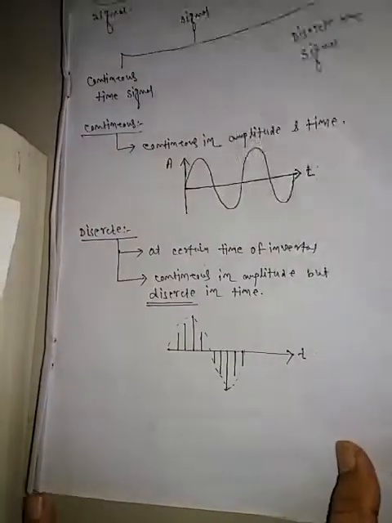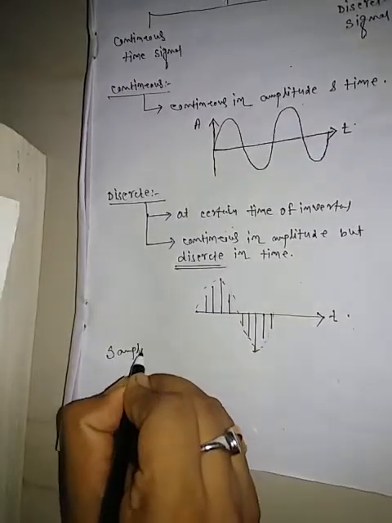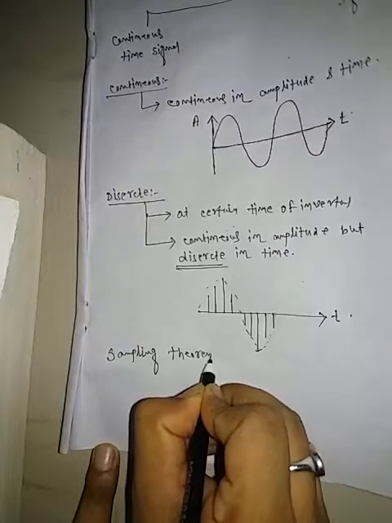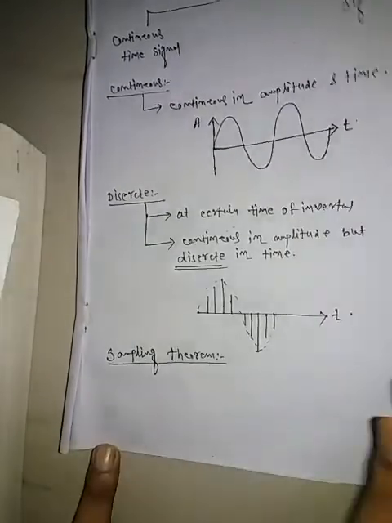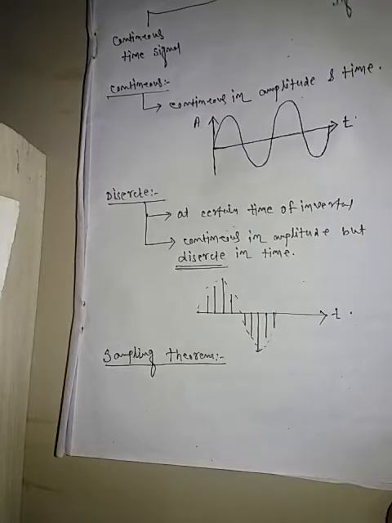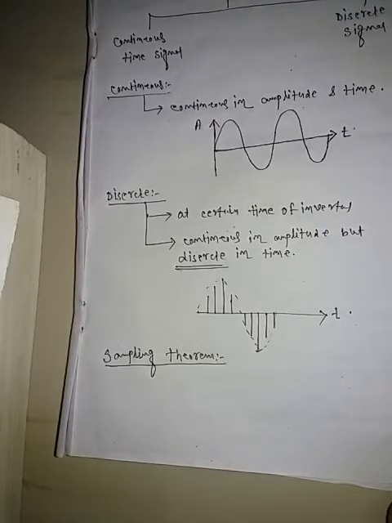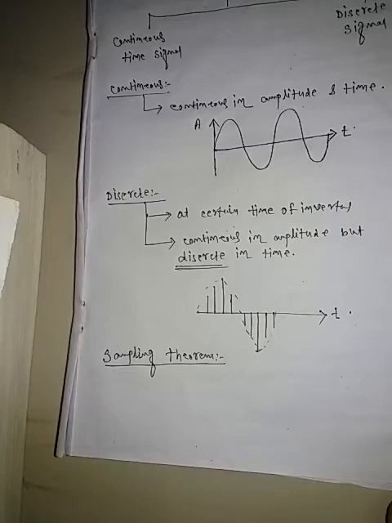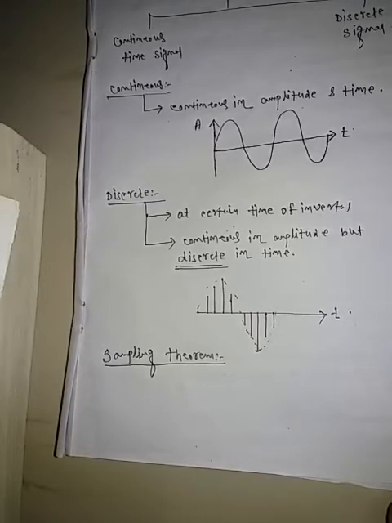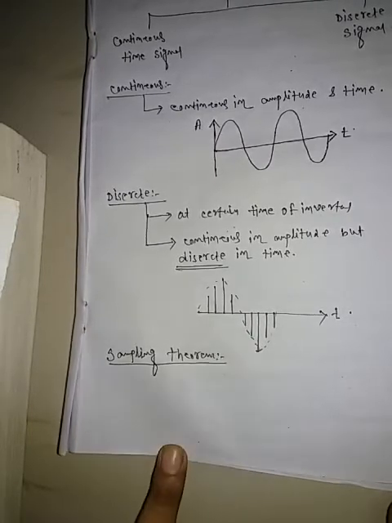Next, discuss the sampling theorem. What is the sampling theorem? A continuous time signal is converted into a discrete time signal by the sampling theorem.